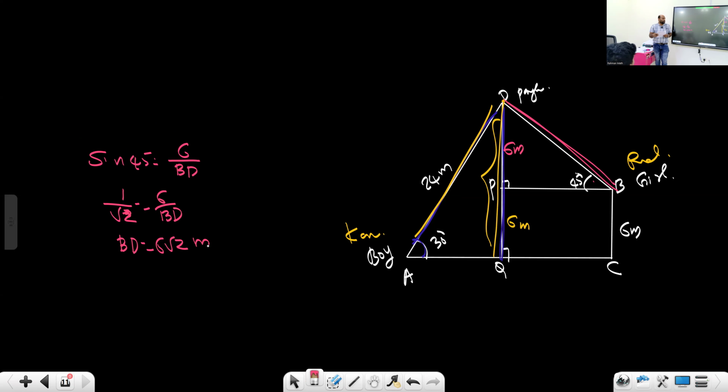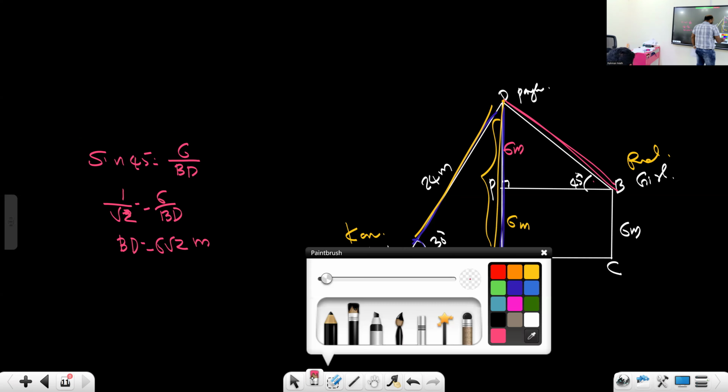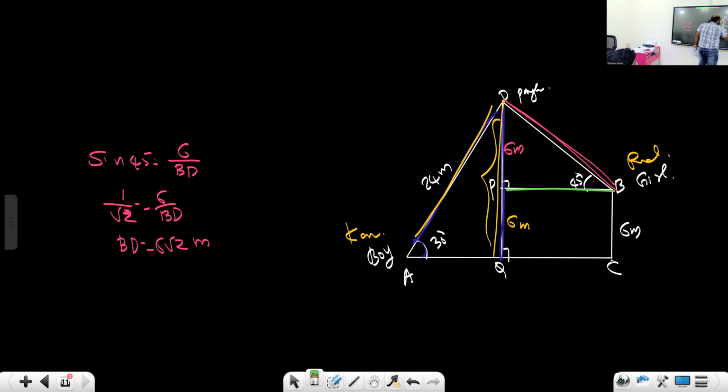What is the next question? What is CQ? Now, how can you find CQ? This distance and this distance are the same. Again, in triangle DPB, BP equal to PD, equal to 6 meter.